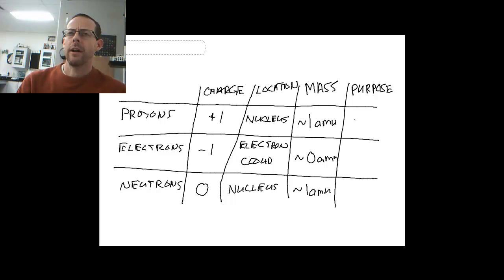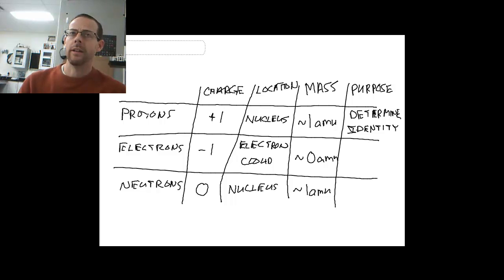What we're going to find out is protons determine the atom's identity. Depending on how many protons an atom has, it determines whether it's hydrogen or carbon or neon or oxygen or whatever element it is.